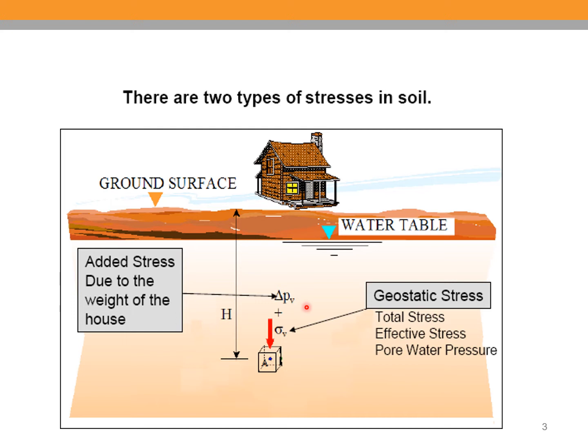Whenever we consider the geostatic stress, you will have to consider it in terms of total stress or effective stress. And you know, effective stress is equal to total stress minus pore water pressure.